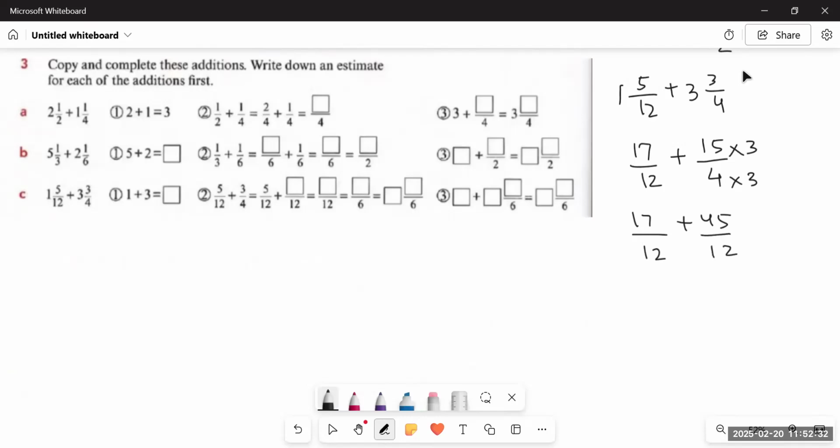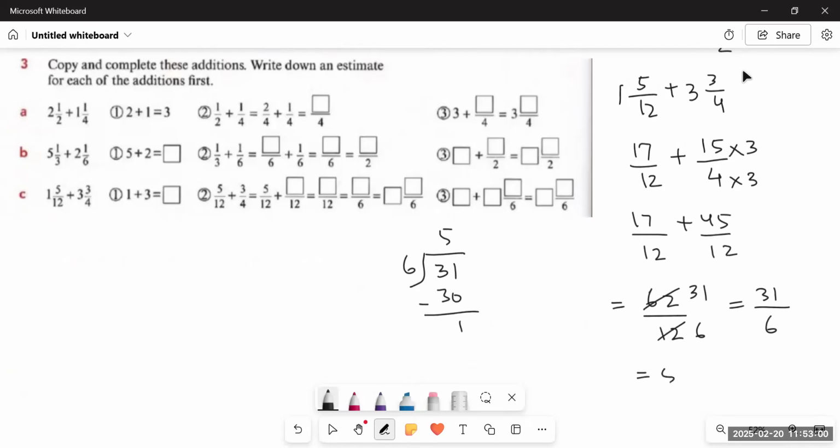Then we will add 17 and 45. The answer would be 62 upon 12. Okay. Now we will simplify them with 2. 2 6s are 12, 2 31s are 62. So the answer to this would be 31 upon 6. And then we have to convert it into a mixed number. 6 5s are 30. 1 remainder. So the answer would be 5 whole 1 upon 6.